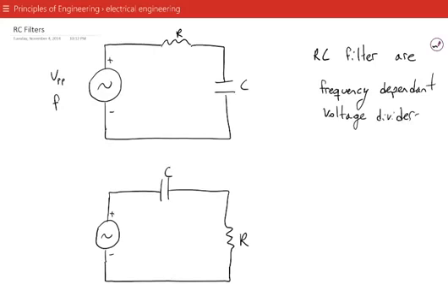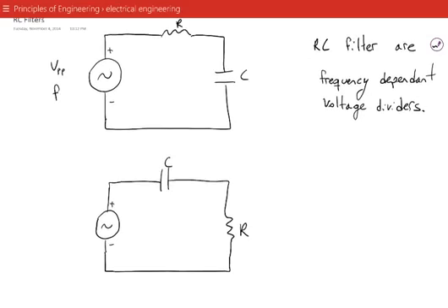And the reason I say that is because the impedance of the capacitor depends on frequency. And so the overall resistance of the circuit depends on frequency, and the voltage drop across the capacitor will depend on frequency.